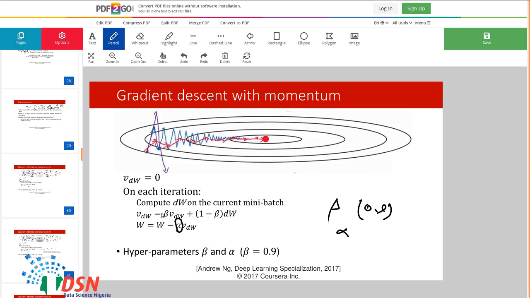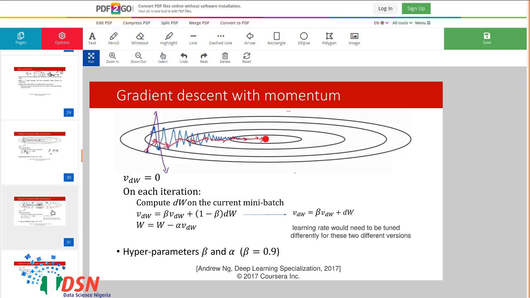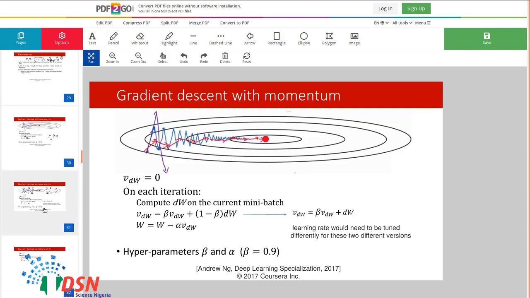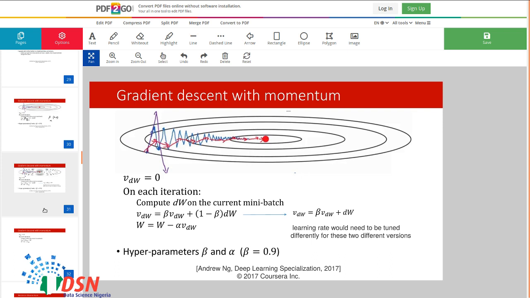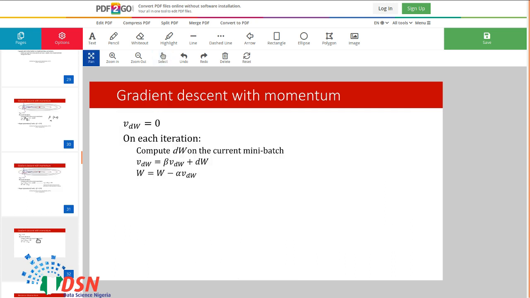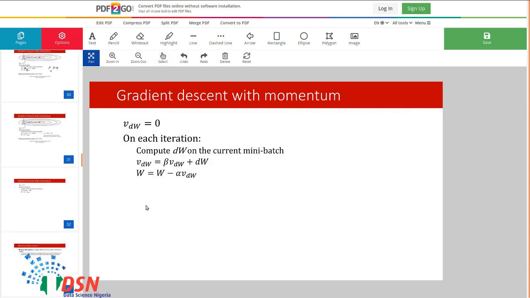So we have two hyperparameters for gradient descent with momentum. And you could see the algorithm of gradient descent with momentum here.